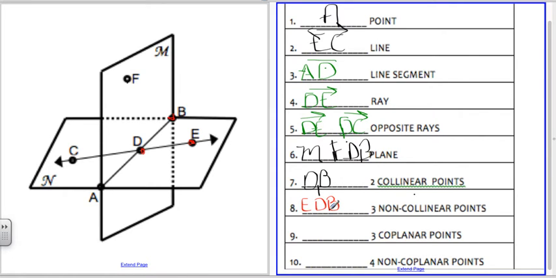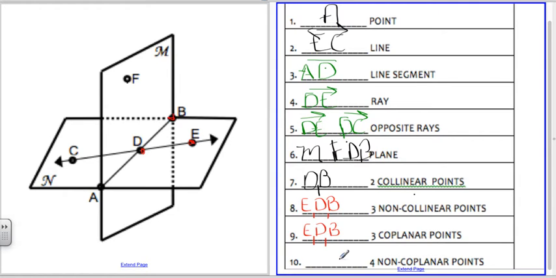Okay. Now, number 9 is 3 coplanar points. If you notice, those points are actually all on plane N, so those points are actually coplanar, because they're on the same surface. Now, 4 non-coplanar points.